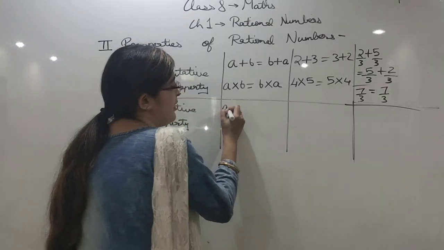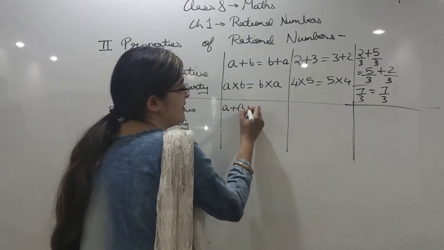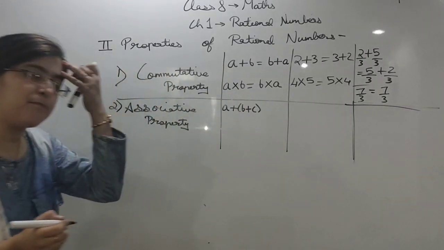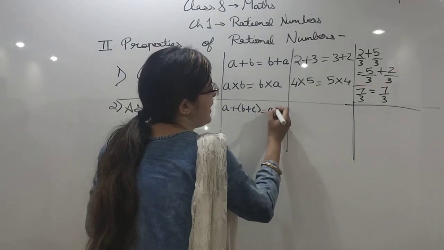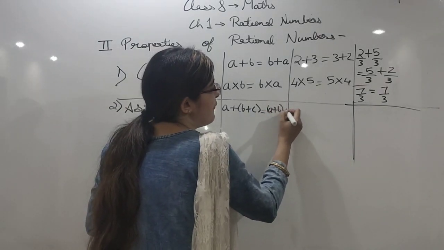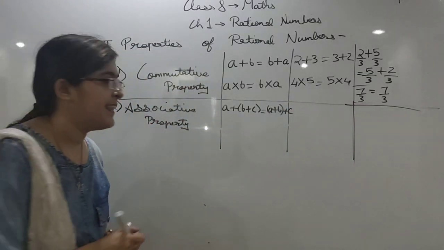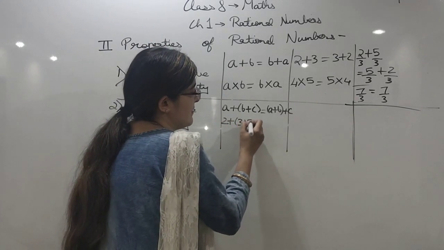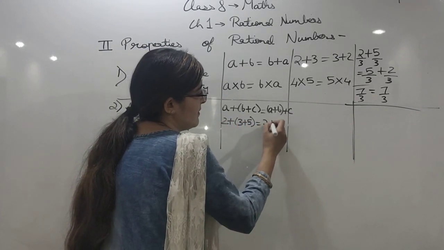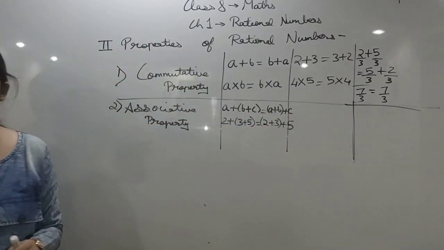That if there are three numbers A, B and C, and if we shift the brackets, the answer won't change. The answer will be the same in both cases.